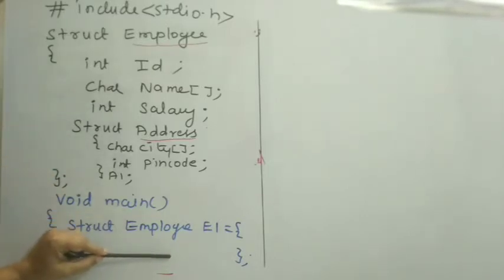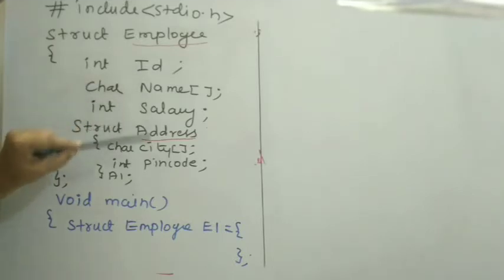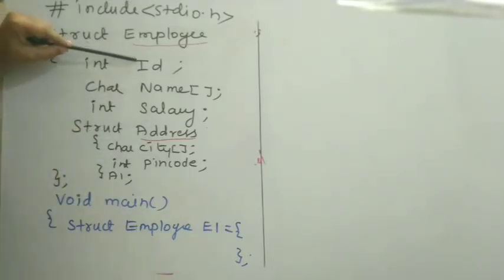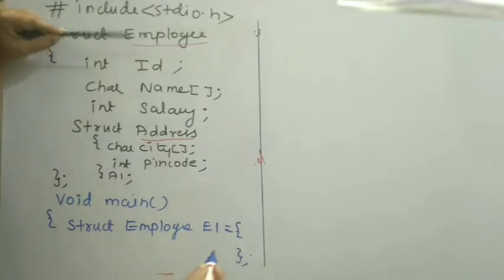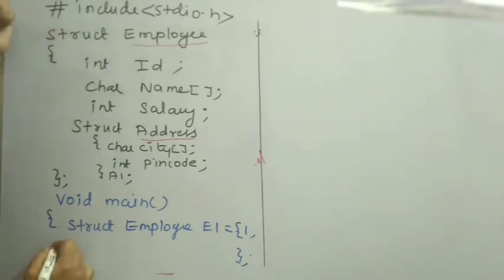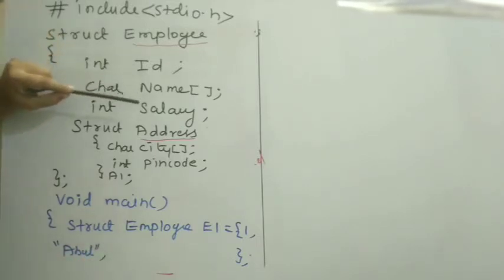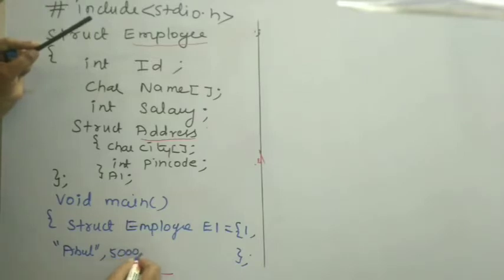The first data member is ID, so I assign the value 1. Then the value for the second data member, name, is Abul. Then the value for the third data member, salary, is 50,000.